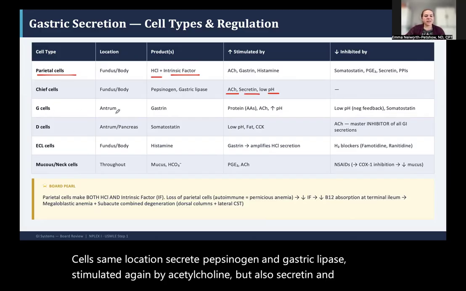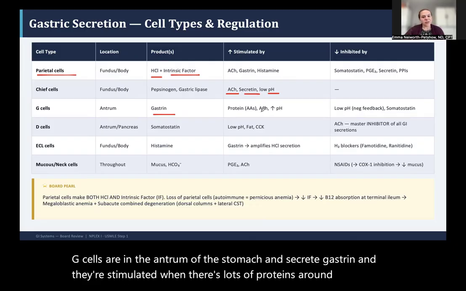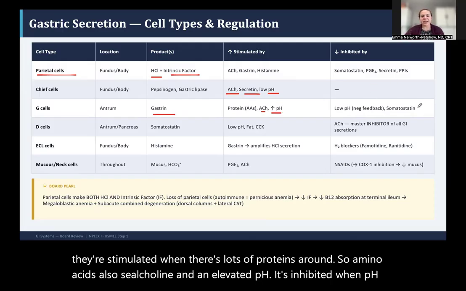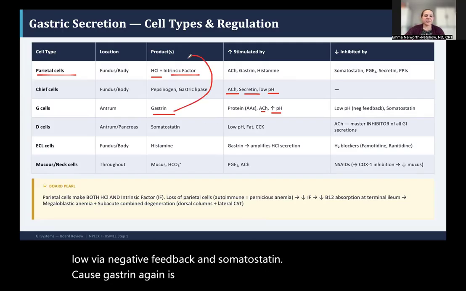Our G cells are in the antrum of the stomach and secrete gastrin, and they're stimulated when there's lots of proteins around, so amino acids, also acetylcholine, and an elevated pH. It's inhibited when pH is low via negative feedback and somatostatin, because gastrin, again, is going to stimulate the release of hydrochloric acid.